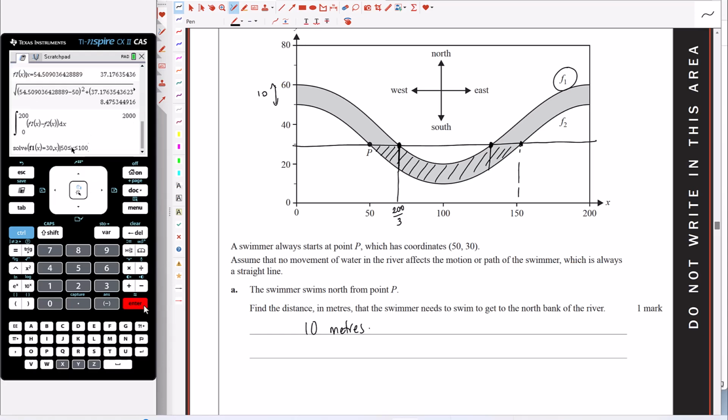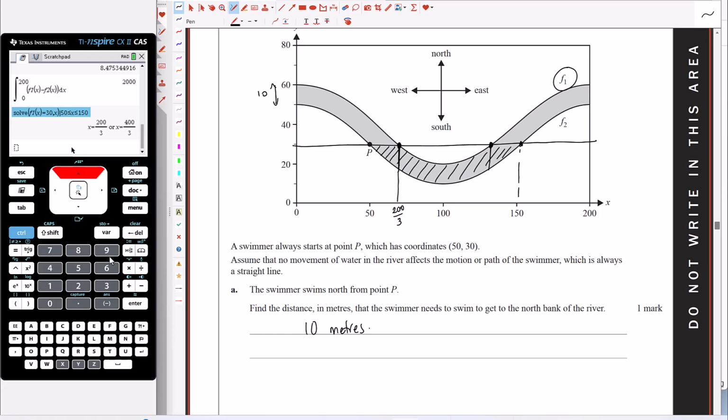So let's solve that for everything from 50 to 150. Oops. I think it should actually also include 50 and 150. Let's make that 40 and 160.